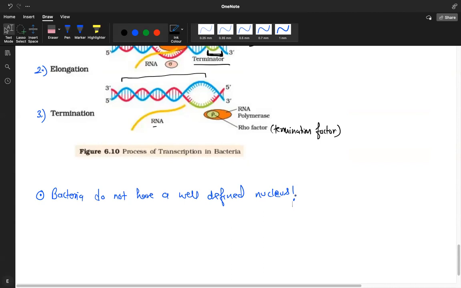What does this mean? If it has no well-defined nucleus, then what? What does it mean to you, Samira? What do you understand by that?